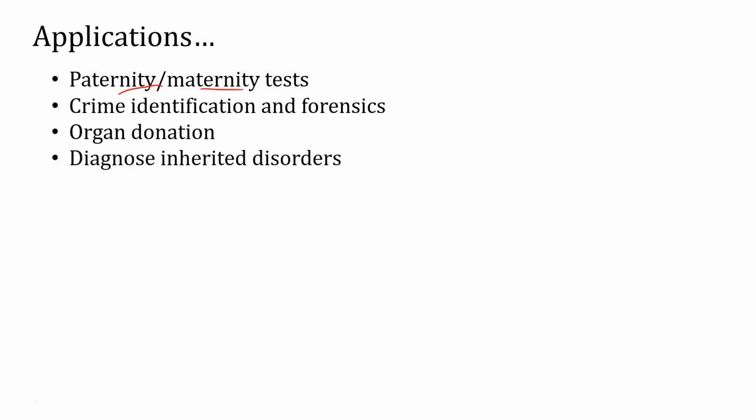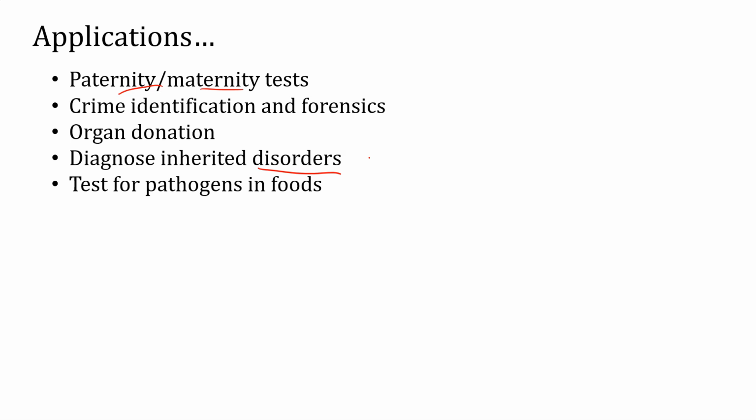They could use this to diagnose inherited disorders. So you could take the blood of somebody that has, for example, hemophilia, and amplify their DNA from their genome and run it, and then if somebody else had that same mutation, it would likely be the case that there was a matching band pattern on the gel, depending on how it was cut and treated and run. Okay, test for pathogens in foods.